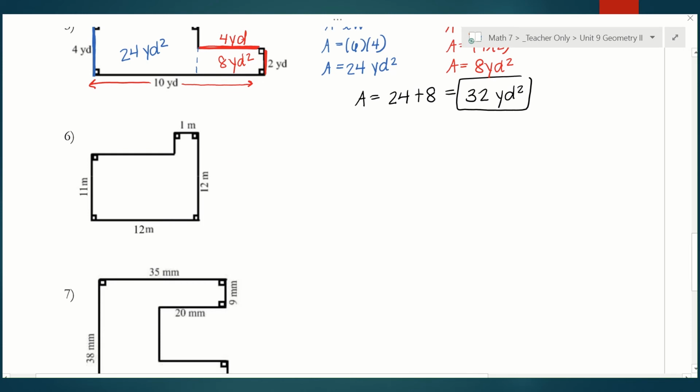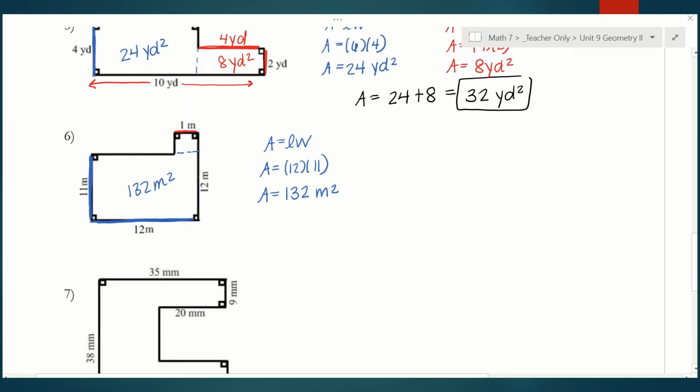Okay, so for number 6, I decided to cut it this way because I thought that would be easiest for me. And so I'm going to actually start with this big rectangle because I can see 11 is my width and 12 is my length. So I would do 12 times 11, and I would get that is 132 meters squared. Then I have this little rectangle up at the top here.